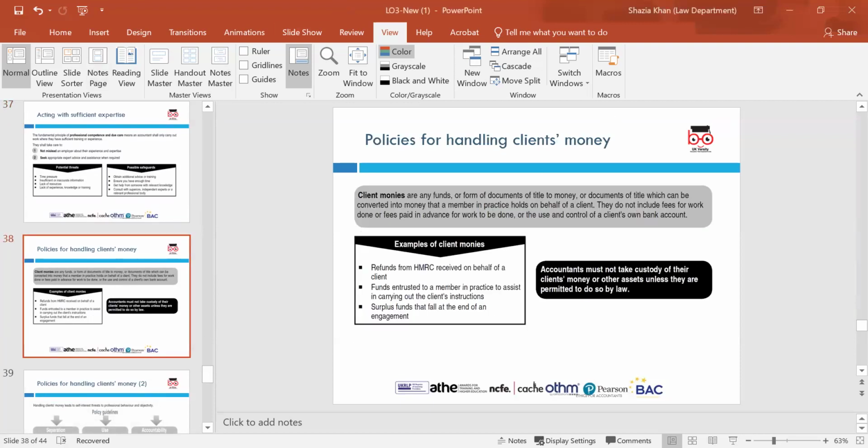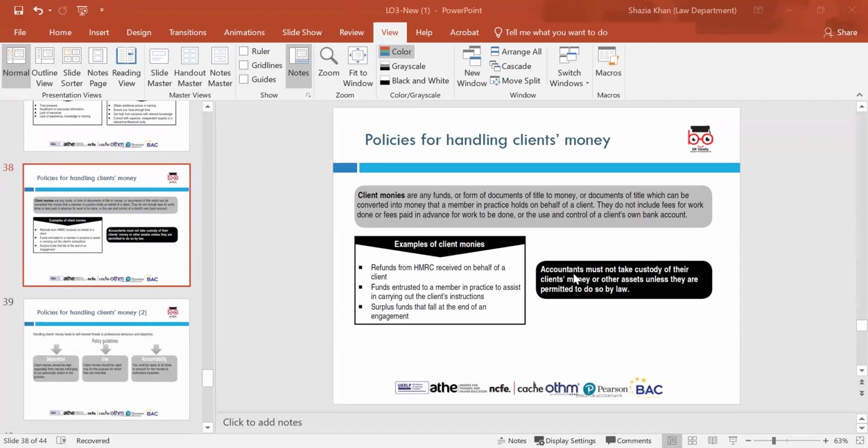Policies for handling clients' cash. So it's important that there are policies in place for looking after clients' monies. Client monies are funds, or forms of documents of title to money, or documents of title which can be converted into money, that a member in practice holds on behalf of the client.